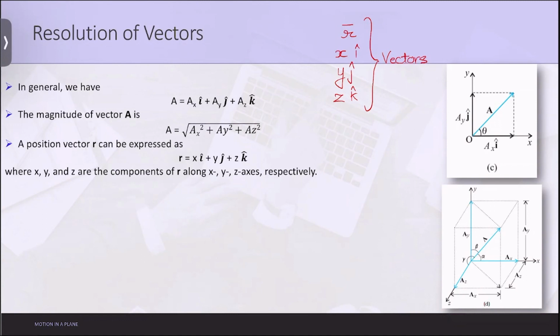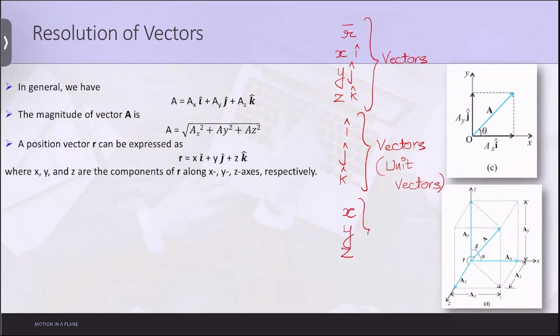Also remember i cap, j cap and k cap are vectors only; in more detail, these are your unit vectors. It is just a revision so that we are well informed with the concepts here. But x, y and z are nothing but your scalars.